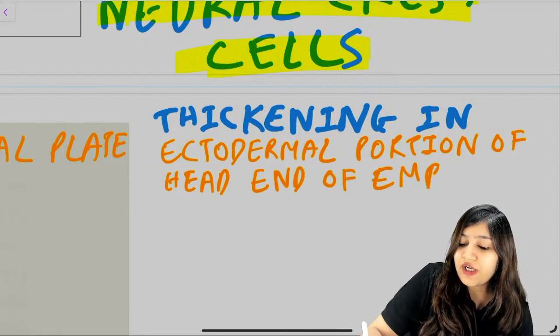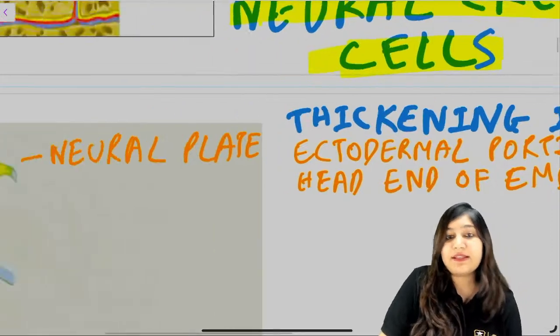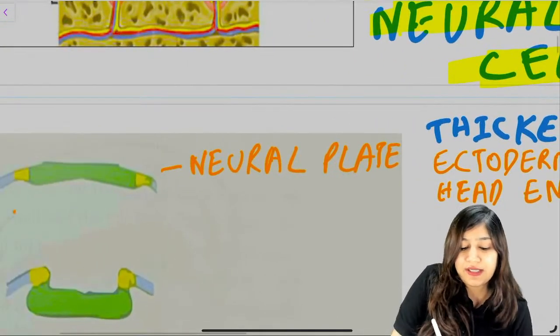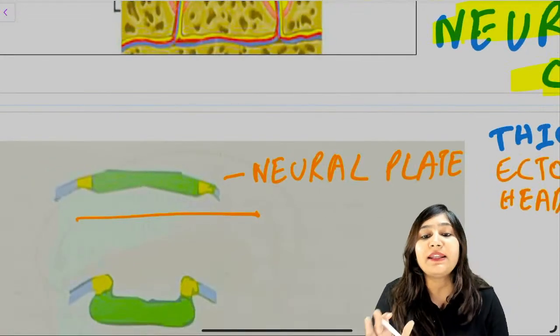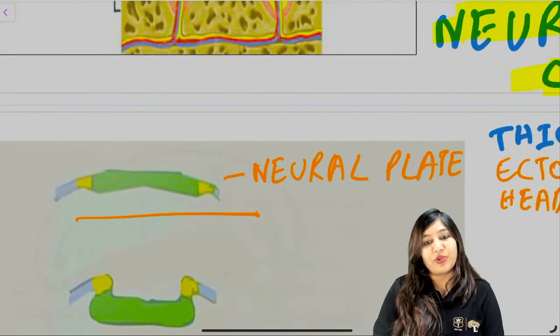This is known as what? We have already discussed. This is the neural plate. You can easily appreciate a neural plate in this diagram. This neural plate is basically thickening of the ectodermal portion.